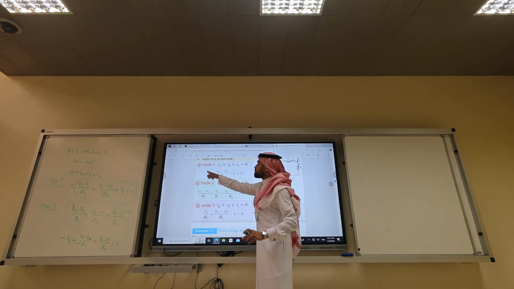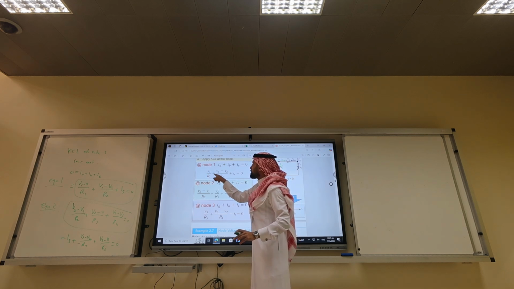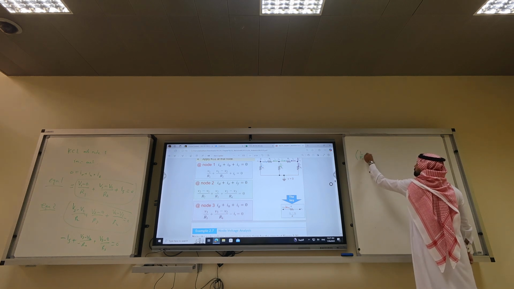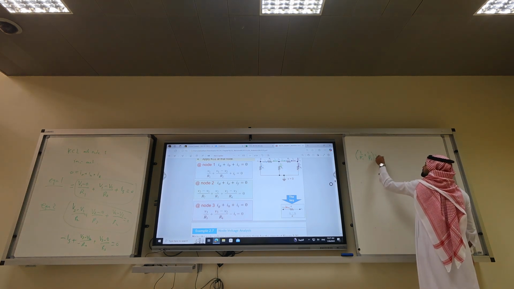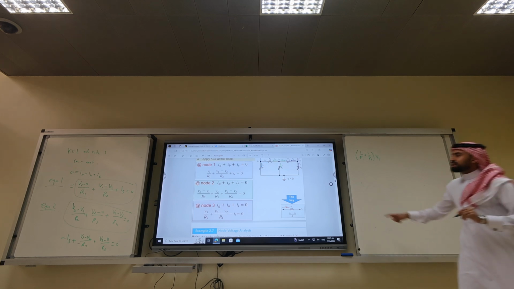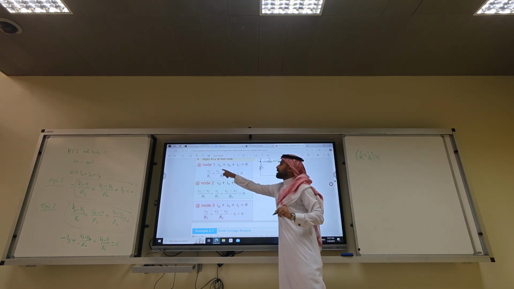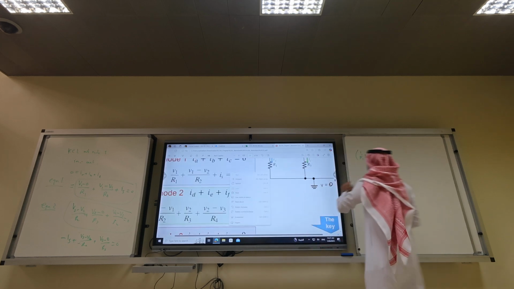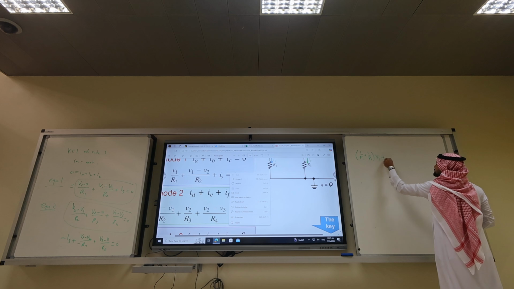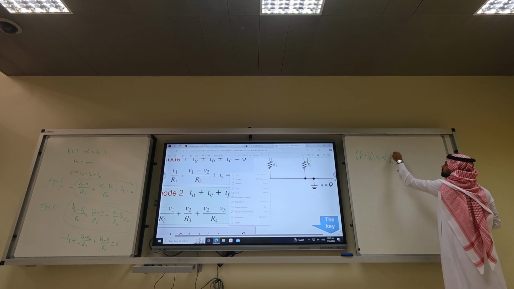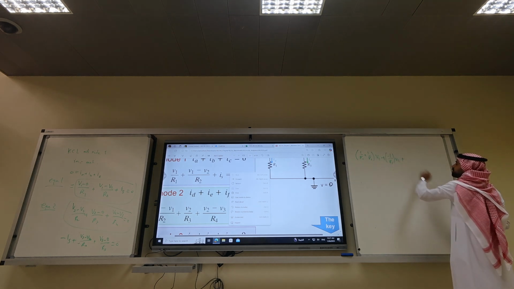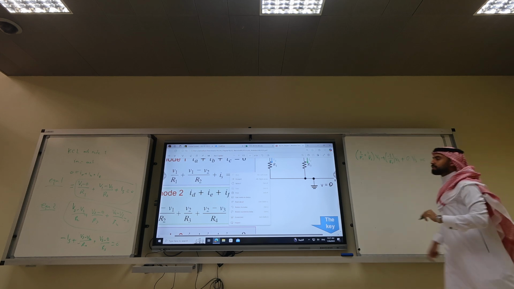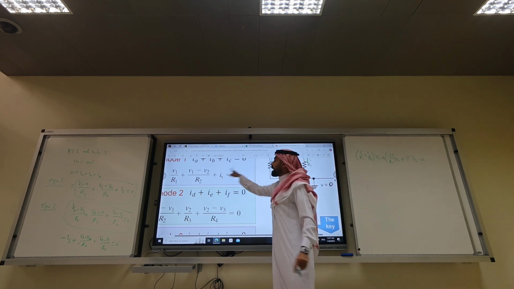What are the coefficients of V1? 1 over R1 plus 1 over R2, times V1. What are the coefficients of V2? Minus 1 over R2, times V2. What are the coefficients of V3? 0. And then equals a number. What is this number? Minus IS.